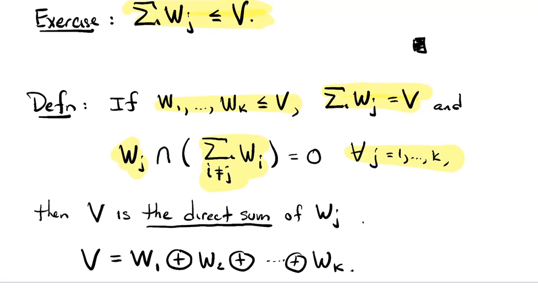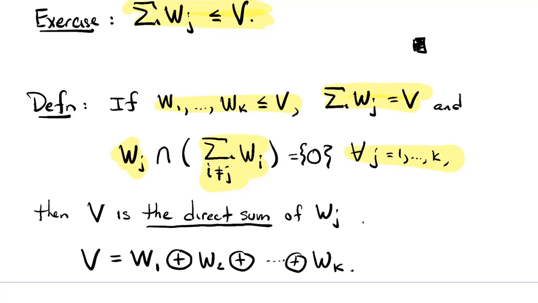Notice in particular that I'm summing over the indices i that are not equal to j. If that intersection is always just the zero vector, and here I'm being slightly loose, since it is the zero subspace but technically this is a set, so if you want to put set braces around that, that's fine. If that's the case, then I'll call V the direct sum of the Wj's.